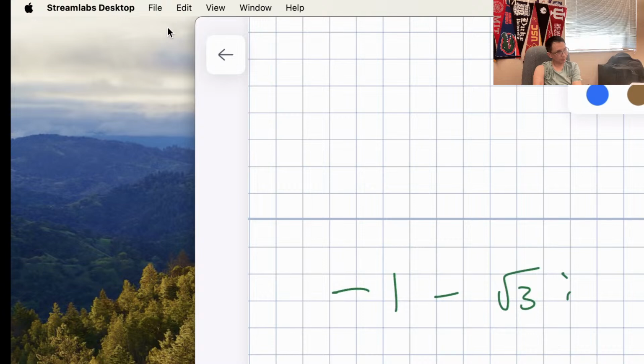Because negative and negative is... the tangent of pi over 3 is square root of 3. It has to be like negative and positive. It has to be in each. That was 1 and 3. 1 and 3.